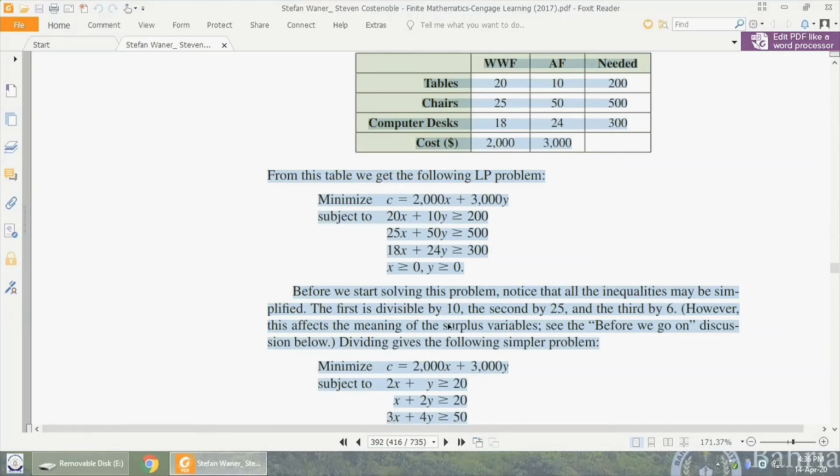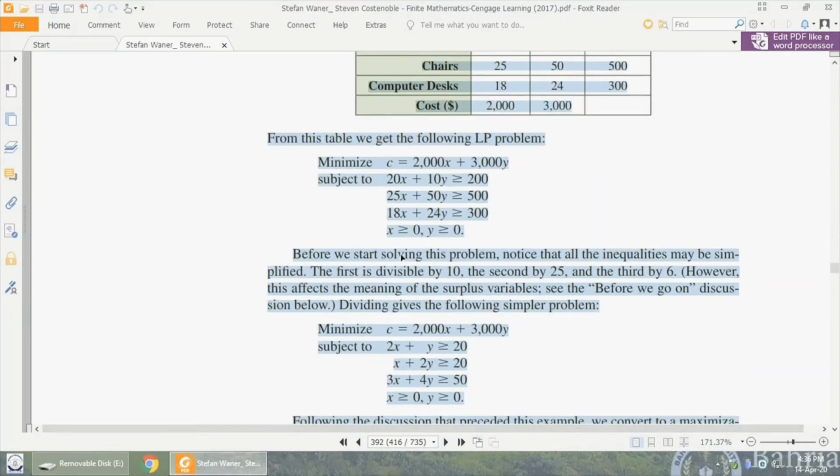And then the last one is divisible by 3, so we can have 6, 8, and again 100, since 3 into 100 is 300.